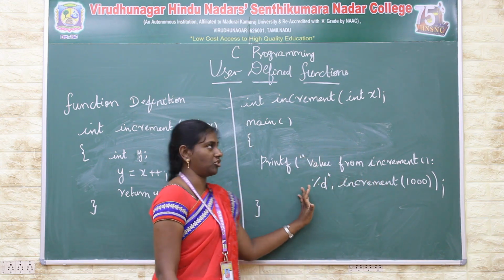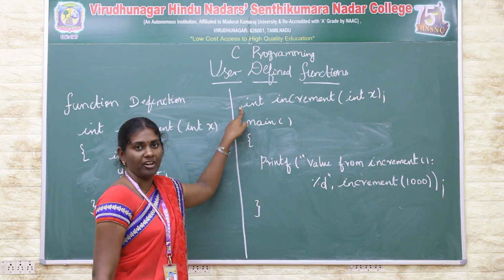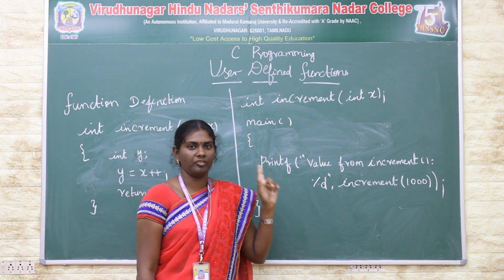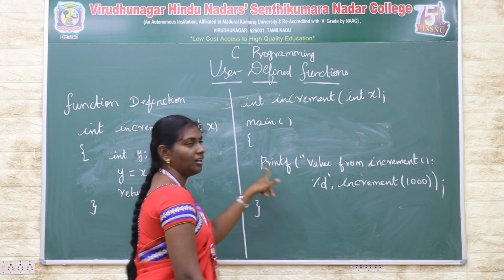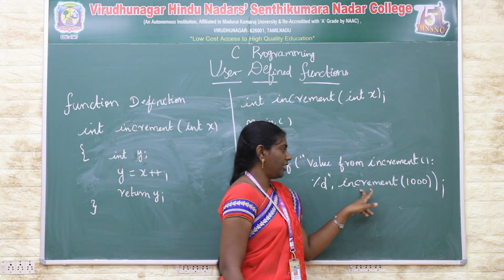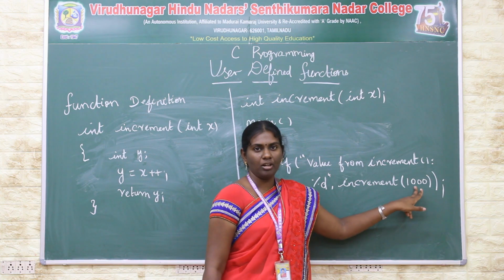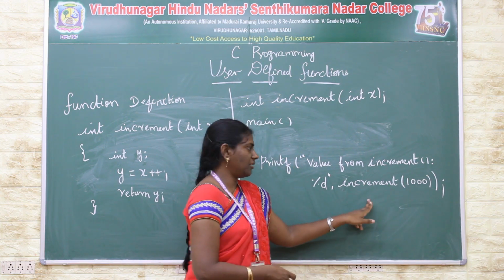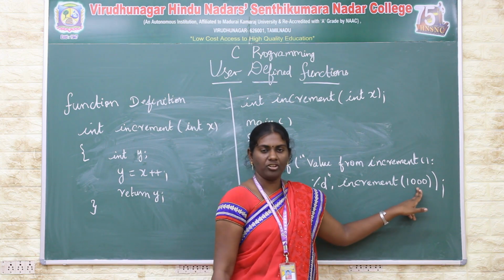Here we have the main function. This is the function declaration statement. Inside main, I have only one printf statement to print the value from the function increment. Here, I am calling the function increment with the value 1000. This statement is the function call. Increment of 1000 is the function call.